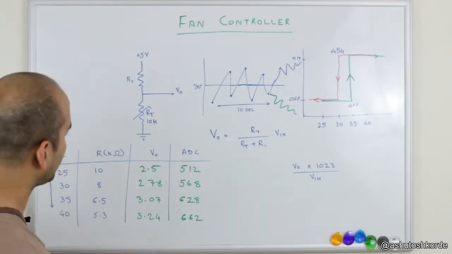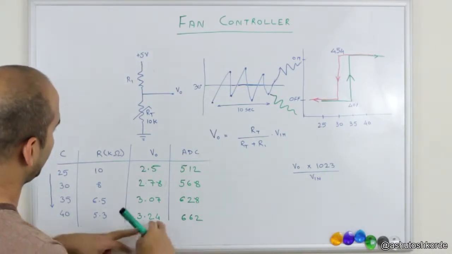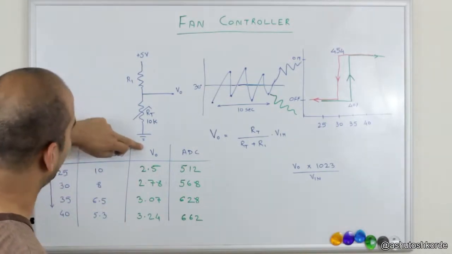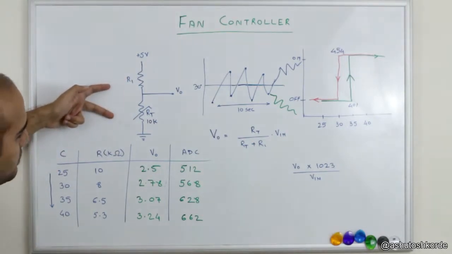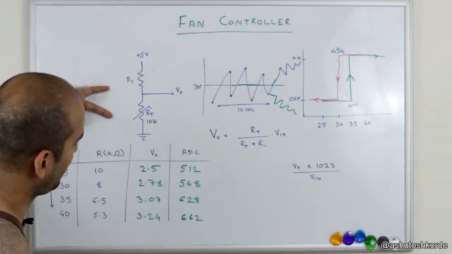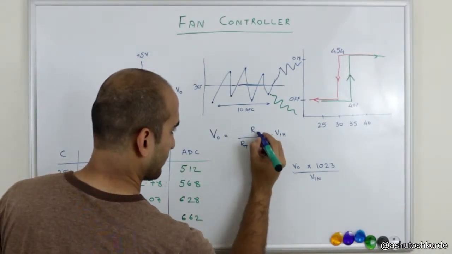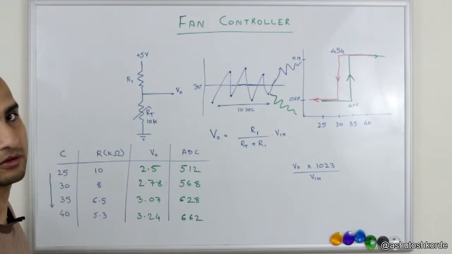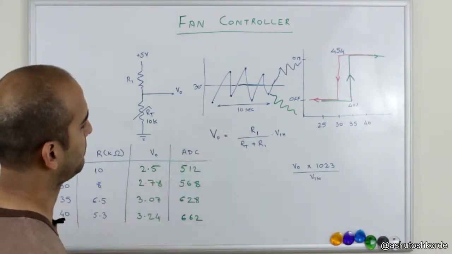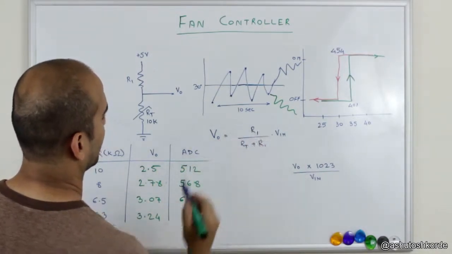So what I've done here is I've calculated the changed V0 values after inverting these two resistors, and in that scenario the formula is changed by just changing one value here.